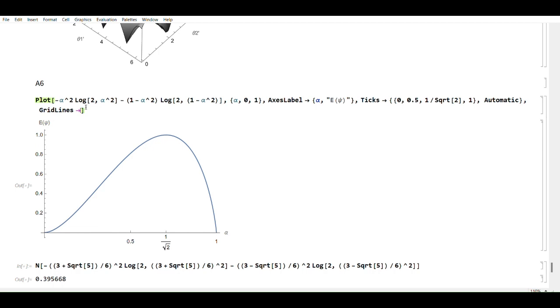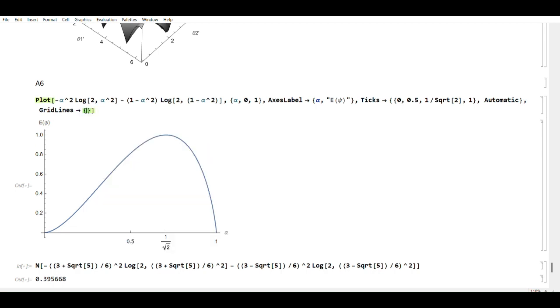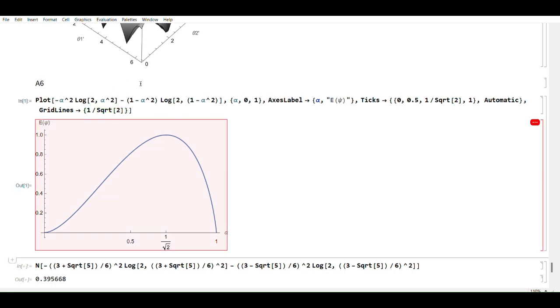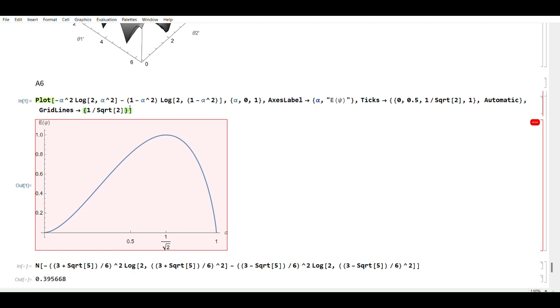Let me put the grid lines at 1 over root 2. Let's see if this works. Some error.